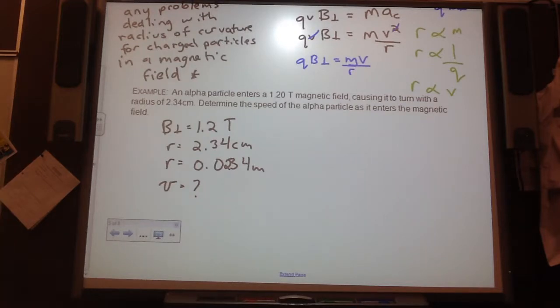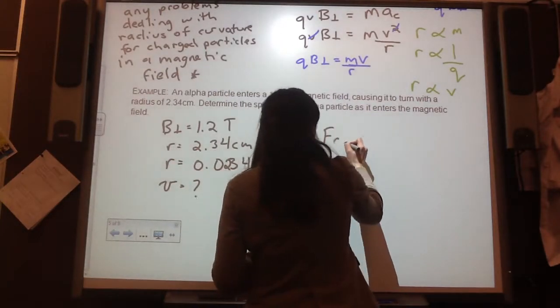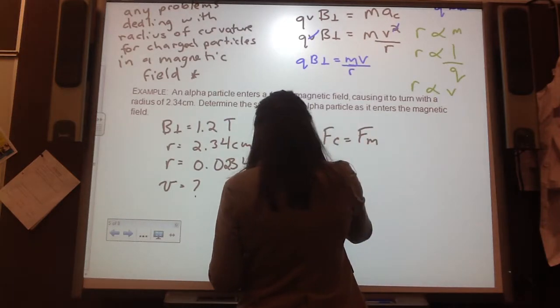Now, I'd encourage you to actually write out Fc equals Fm and develop your formula from there rather than just copying it, because it gives you practice, since you'll have to make your own formula on a test. So practice writing it out.